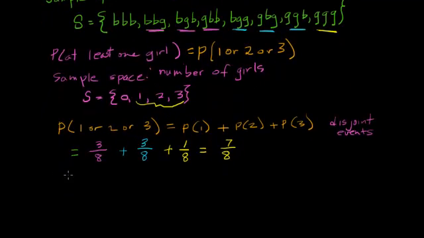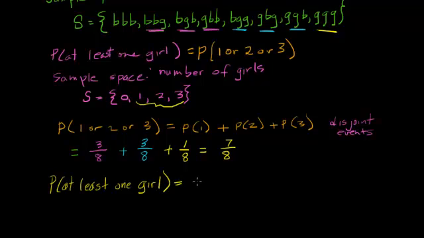So we could have said the probability of at least 1 girl equals 1 minus the probability of the complement of that, which is no girls. And what's the probability of no girls? Well, there's only one way for that to have happened.